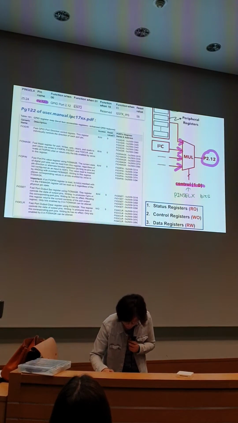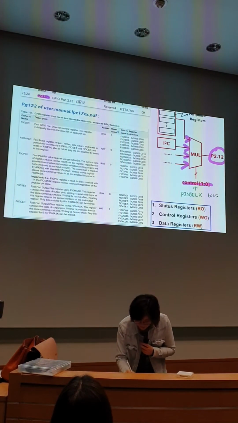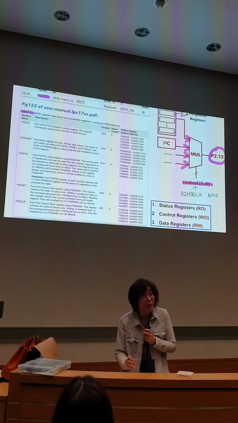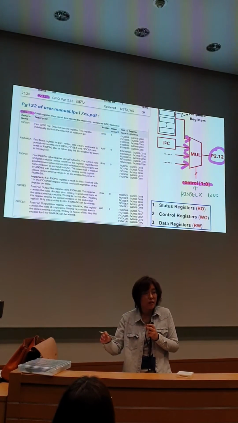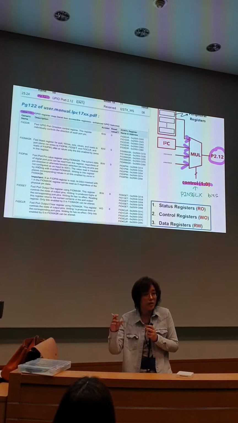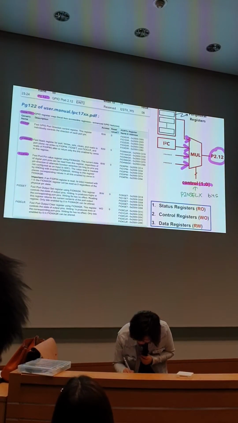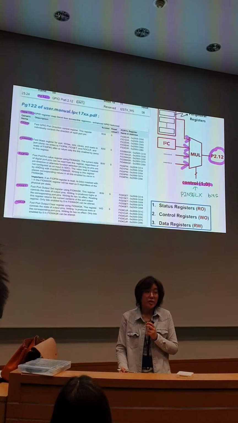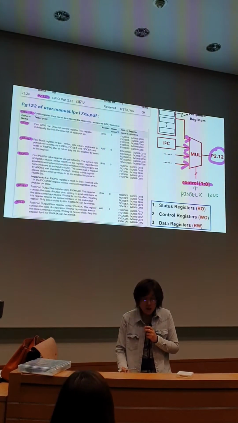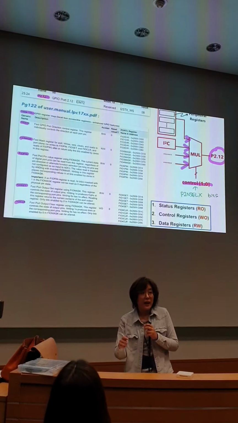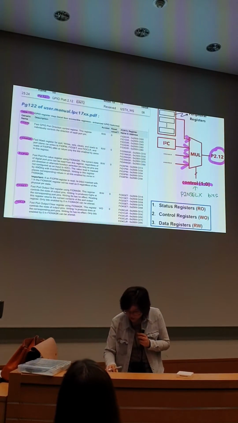So I just put the table here. Again, this table is in that file, the 800 page file. So here, these are the registers used for GPIO. I will explain this by using the next question here.